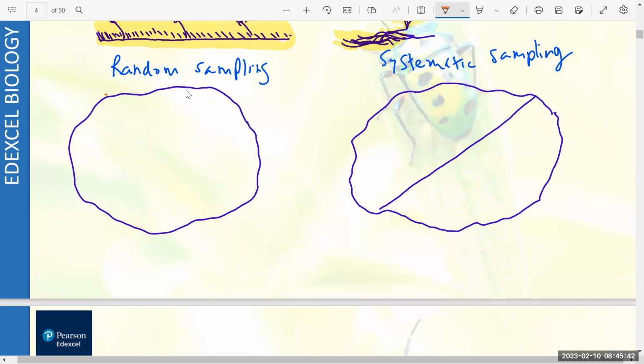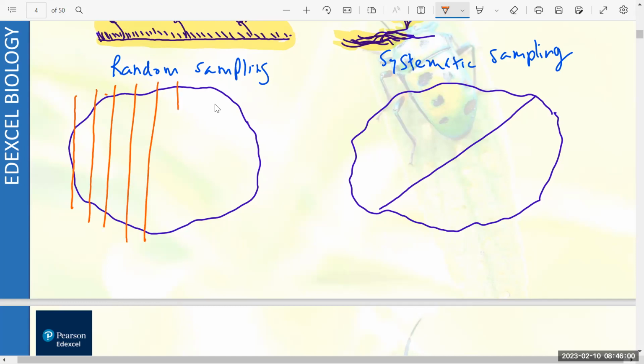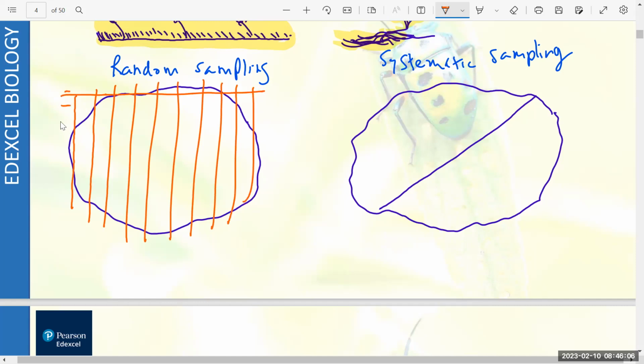First, we draw the map by measuring this area, and after that, we can add grid lines to the map, and also grid lines in this direction.